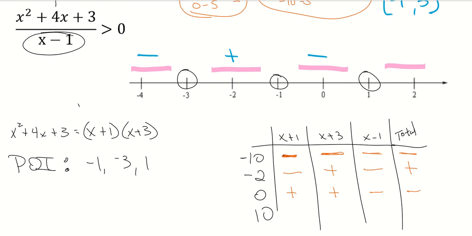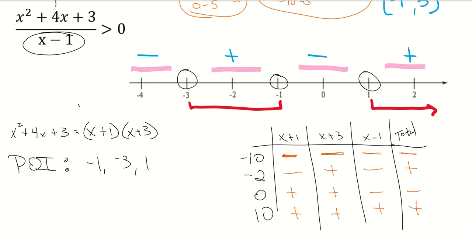Plugging in a positive 10, I get positive, positive, positive, which gives me positive because there's no negatives in there anyway. So this is a positive. And we are looking for where this is greater than 0. That means it has to be positive. So we need everything that is going to be from here to here and here on.